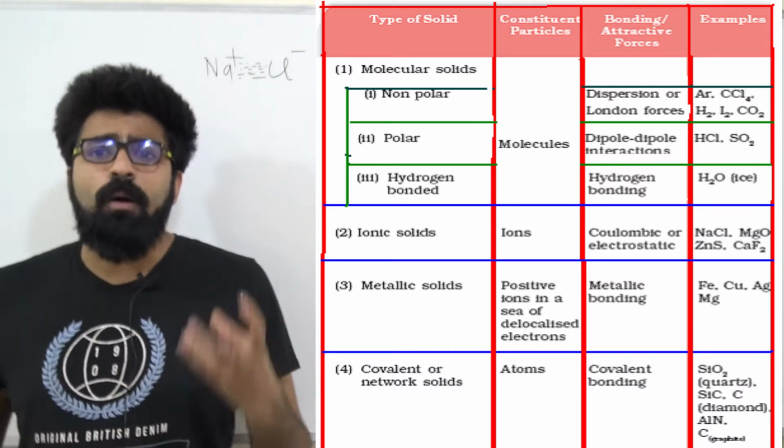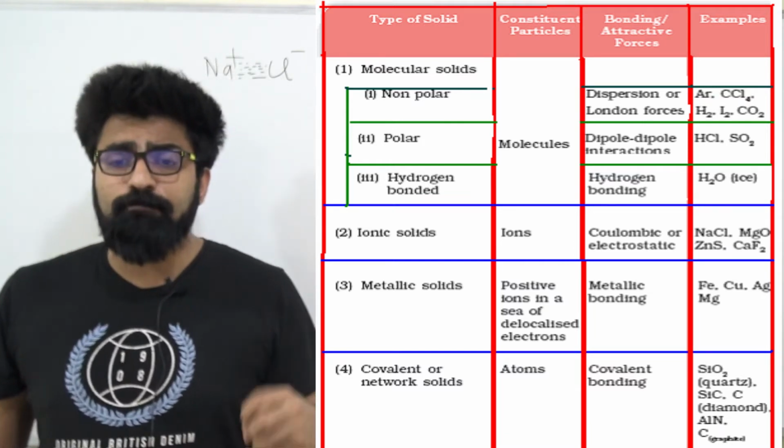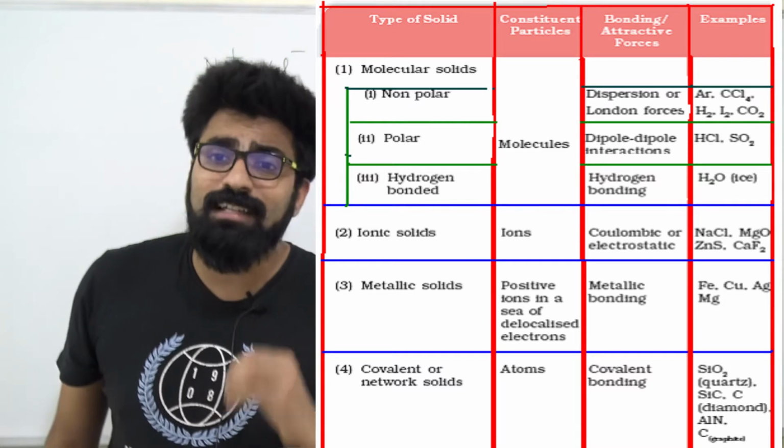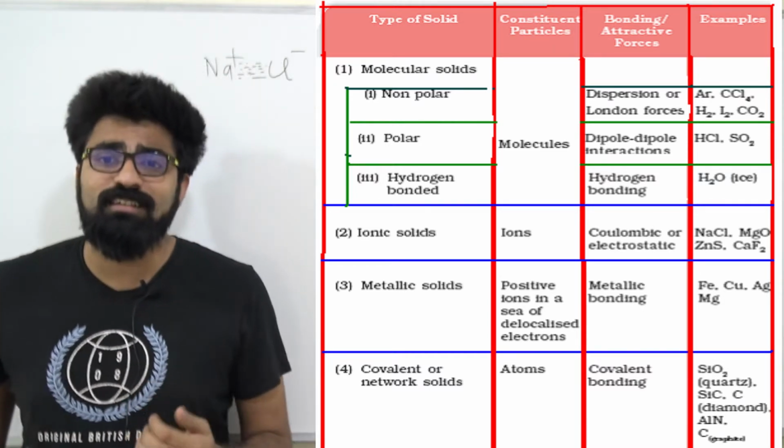And one more property of ionic solid, I hope that all of you know already, is that ionic solids do not conduct electricity in their solid state. When they are in solid form, they do not conduct electricity.